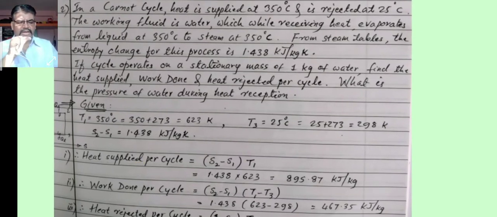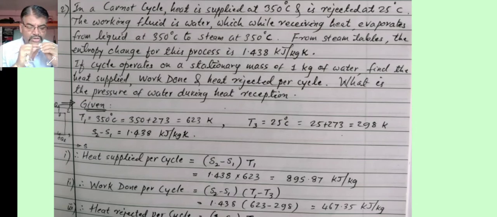In a Carnot cycle, heat is supplied at 350 degrees Celsius and it is rejected at 25 degrees Celsius. The working fluid is water, which while receiving heat evaporates from liquid at 350 degrees Celsius to steam at 350 degrees Celsius. From steam tables, the entropy change for this process is 1.438 kilojoules per kg. If the cycle operates in a stationary mass of 1 kg of water, find the heat supplied, work done and heat rejected per cycle.